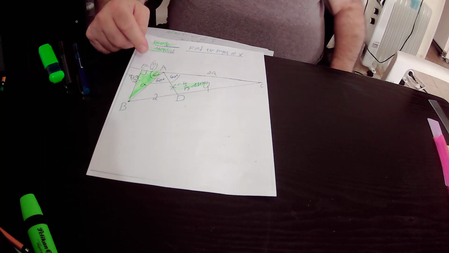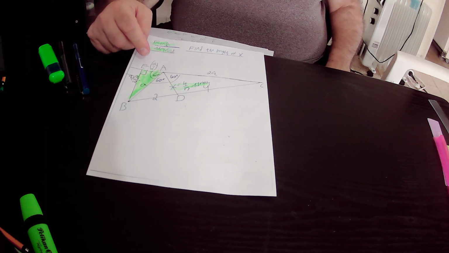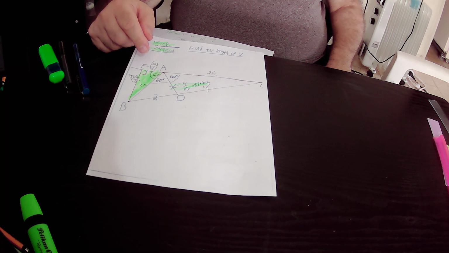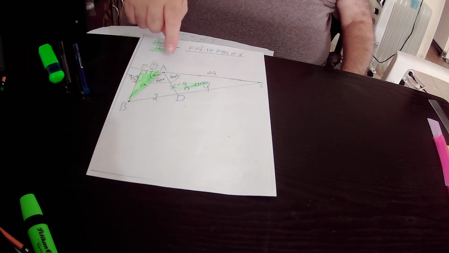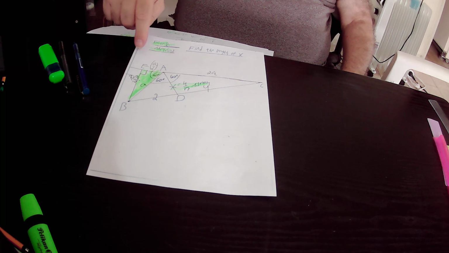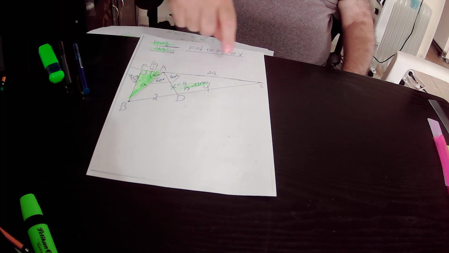Then we focused on the right green triangle, triangle EAB. Actually, before that, we did the construction by extending side CA of triangle ABC by a straight line, and this way we got line segment CE.